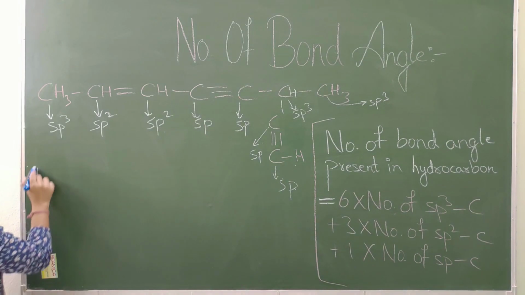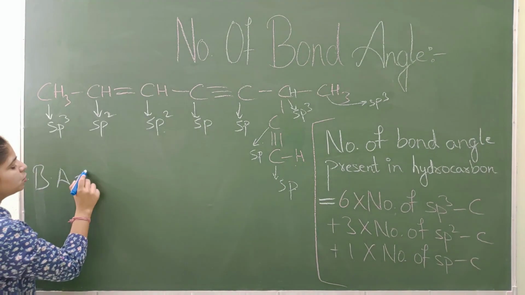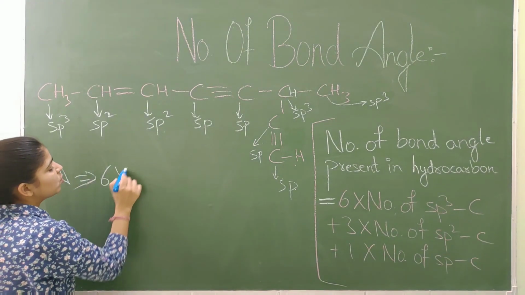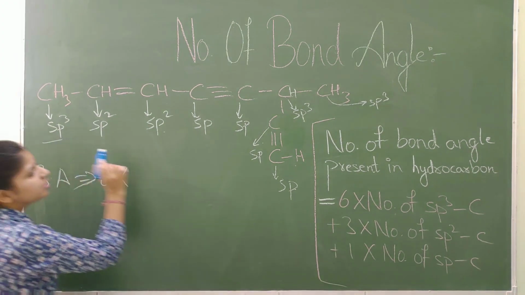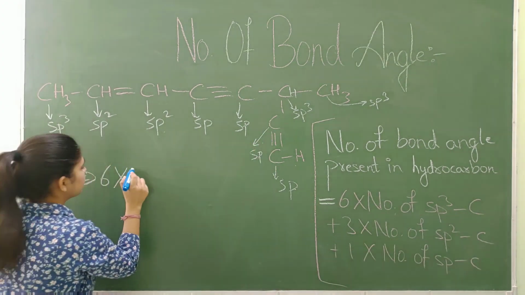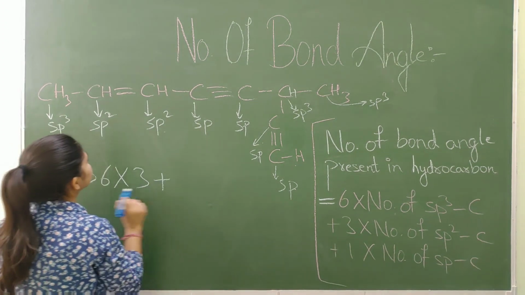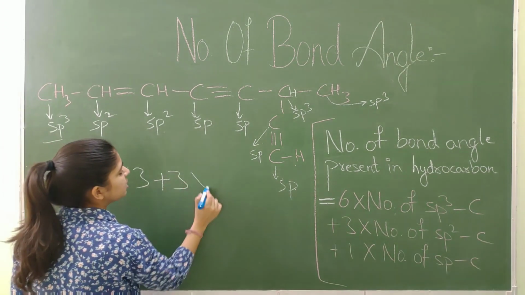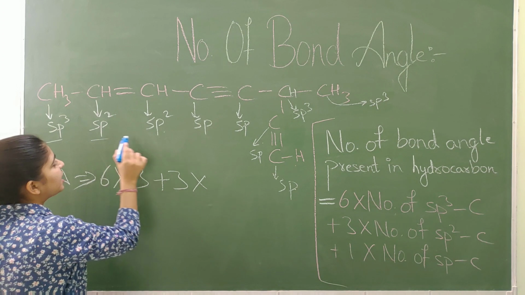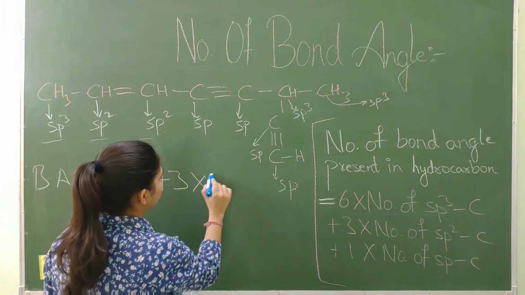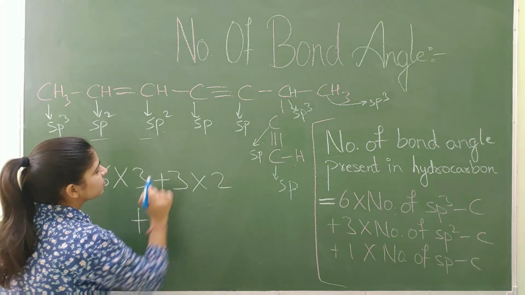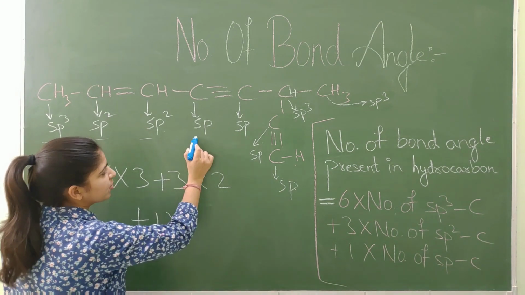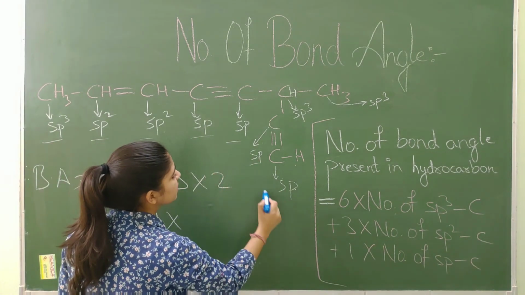Now number of bond angles equals 6 into total number of sp3 carbon, 1, 2, 3, plus 3 into total number of sp2 carbon, 1, 2, and 1 into total number of sp carbon, 1, 2, 3, 4.